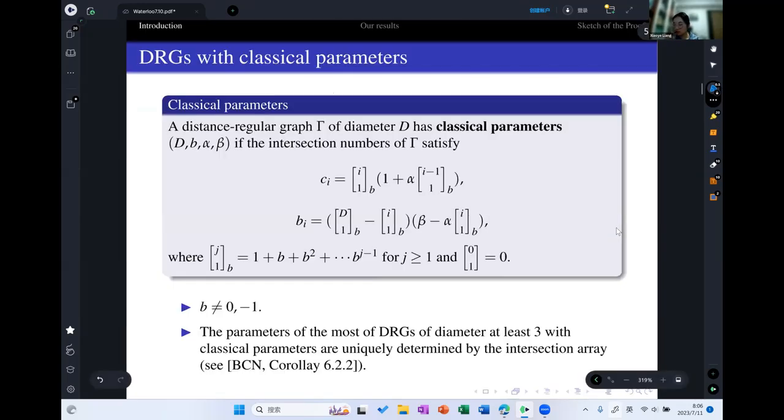We call that classical parameters (d, b, alpha, beta). Here, d is the diameter of the distance regular graph, and the intersection numbers can be determined by these 4 classical parameters according to these 2 formulas.